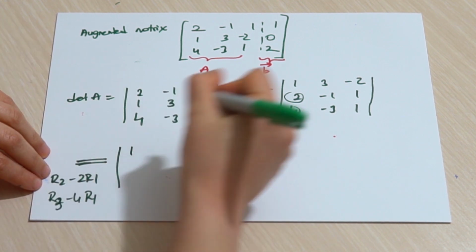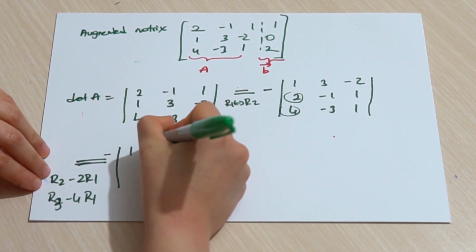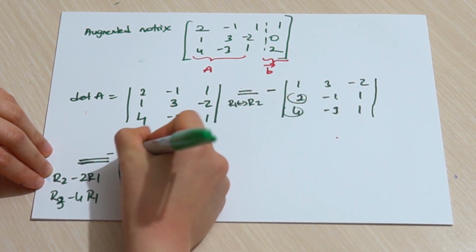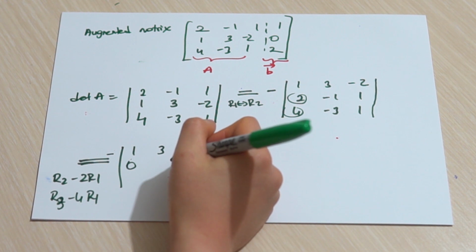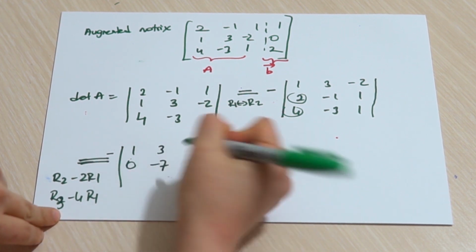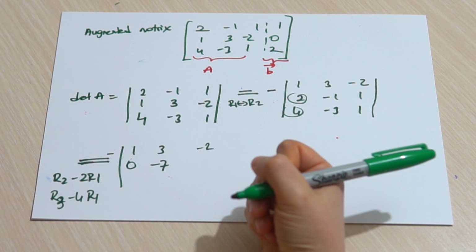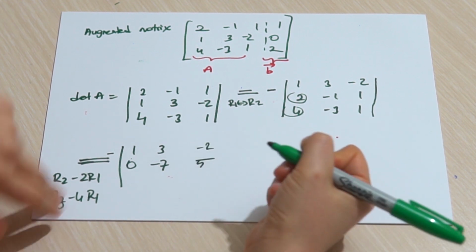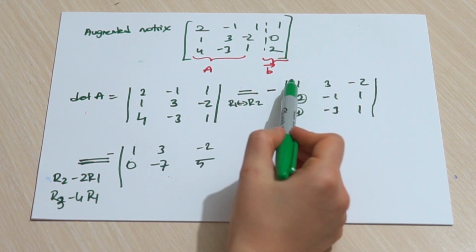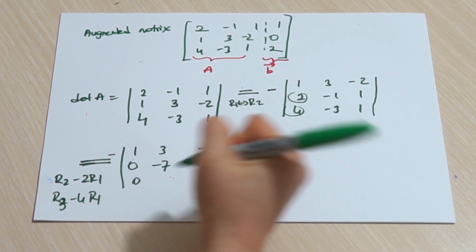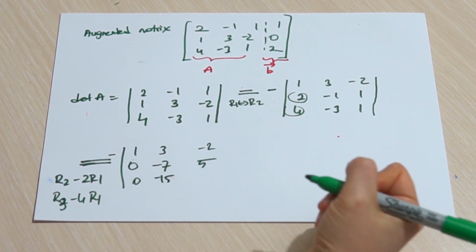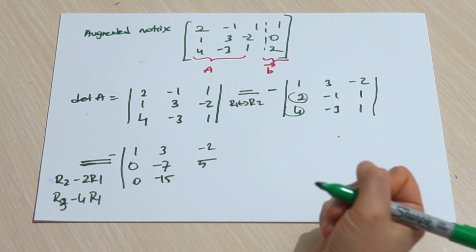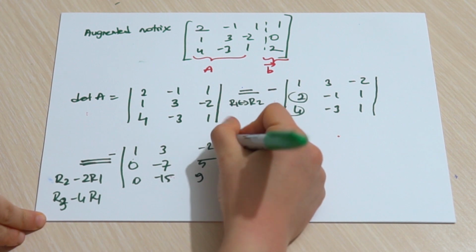Then I will have 1, 3, minus 2 and 0, minus 3, minus 2 times 3 is minus 6, so I have minus 7, minus 2 times minus 2 is 4, so I will have 5. And let's look at here, minus 4 plus 4 is 0, minus 12 plus 3 is minus 9... minus 15, and minus 4 times minus 2 is 8, so I have 9 here.